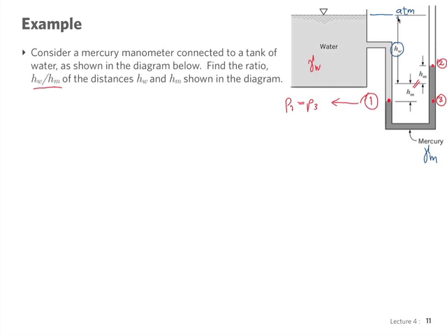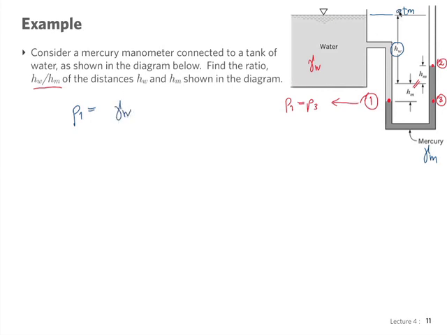leads me to write down what the pressure at point 1 is, because I can see that point 1 is all of this column of water up to here, plus this little extra column here at 1. P1 is, we have water all the way, so gamma of water.